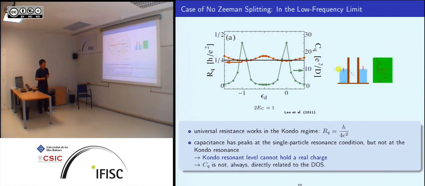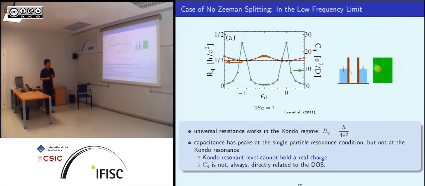And here, the Fermi level is aligned with the quantum dot level, so we have resonance. It means we have a very high density of states at this condition, so we have enhanced capacitance. You should remember that the capacitance is proportional to the density of states. But here the system is in the Kondo regime.